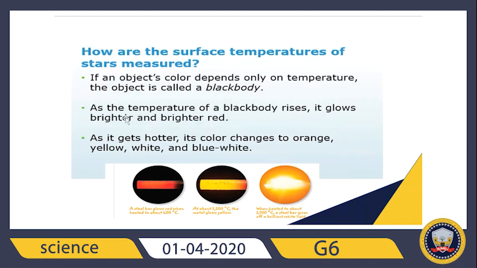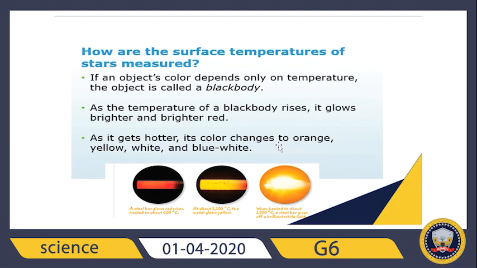As the temperature of a black body rises, it glows brighter and brighter red, as you can see here. As it gets hotter, its color changes to orange, yellow, white, and then blue white.